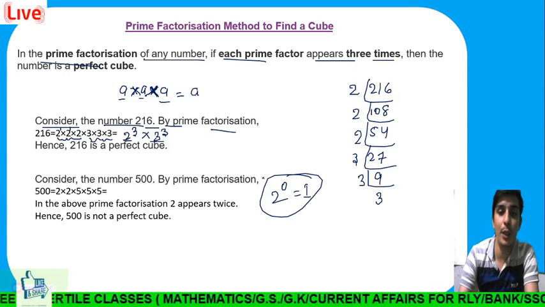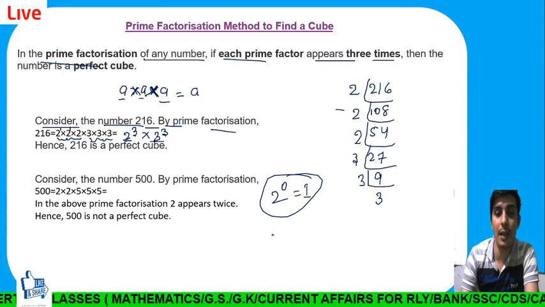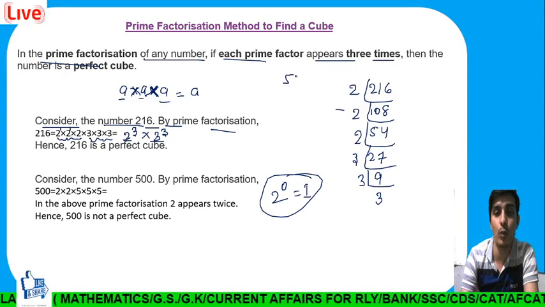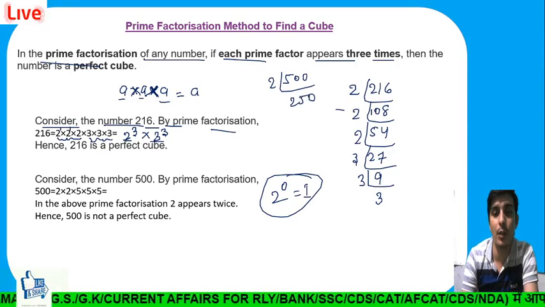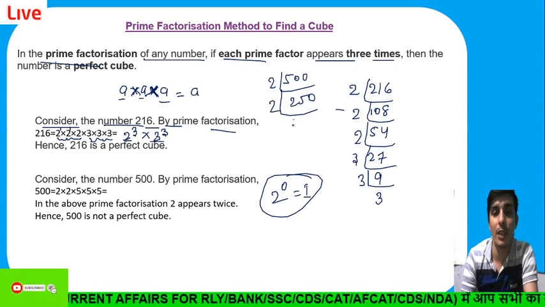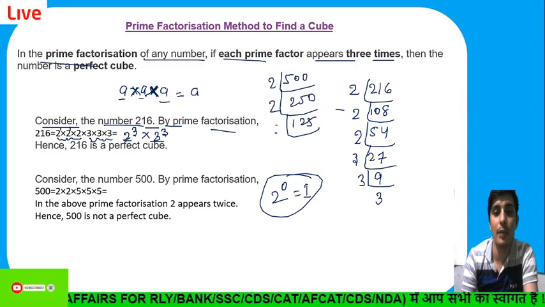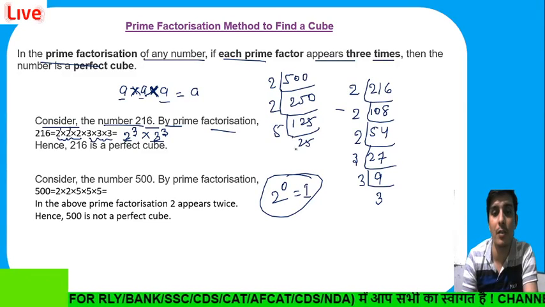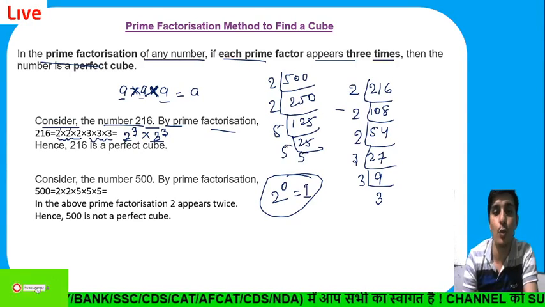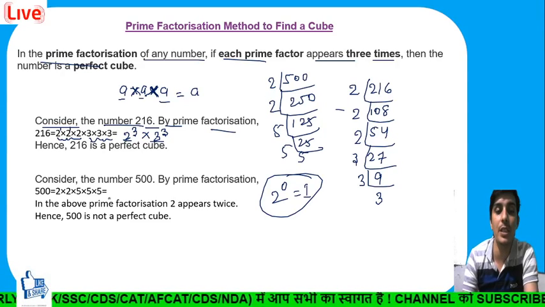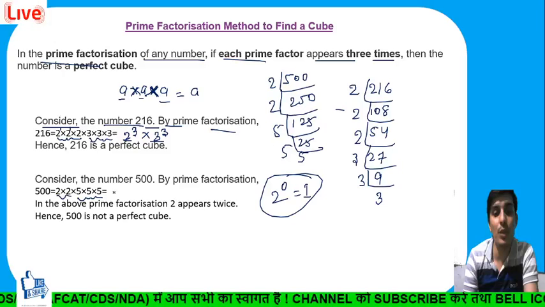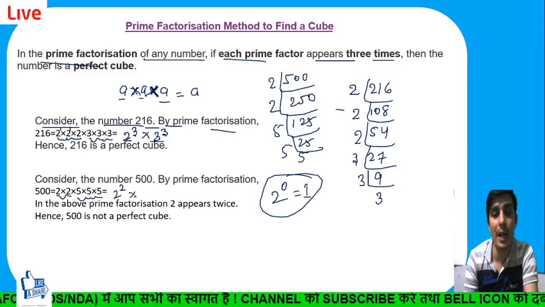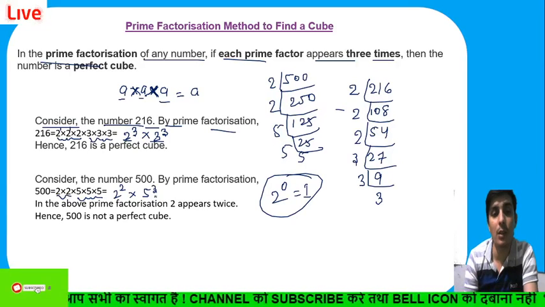So 500 you can also factorize, guys. After factorizing, you can divide 2 into 250, 2 into 125, and then 5 into 25 and 5 into 5. So we can write that 500 is equal to 2 into 2 into 5 into 5 into 5, so 2 raised to the power 2 and 5 raised to the power 3.